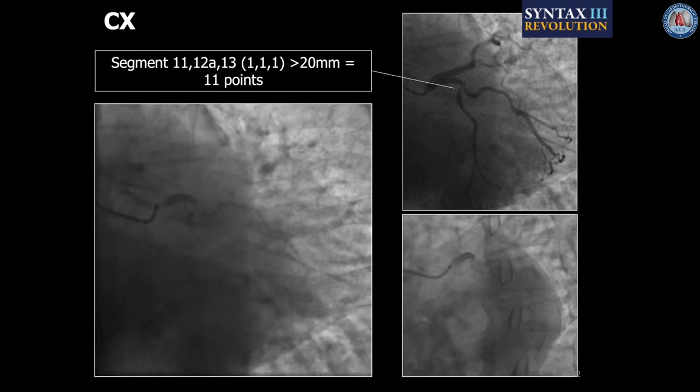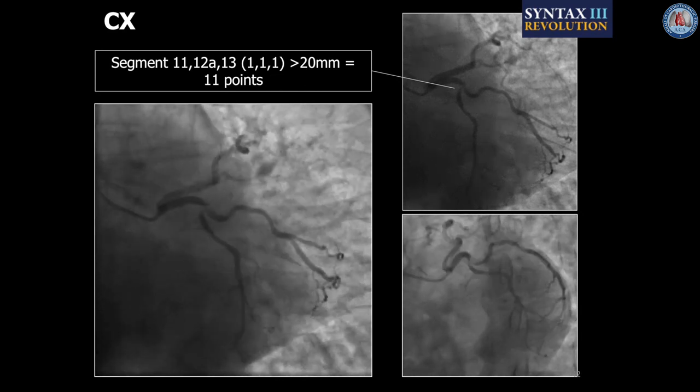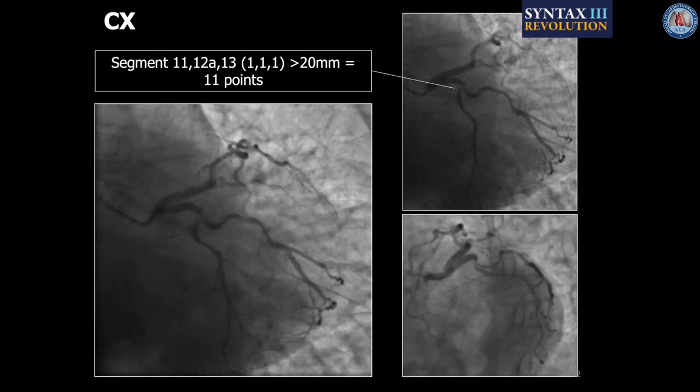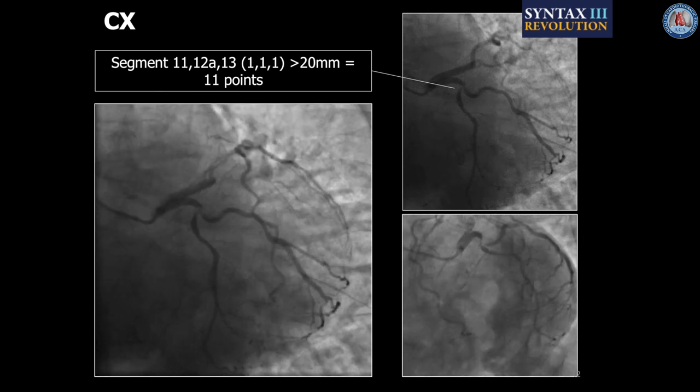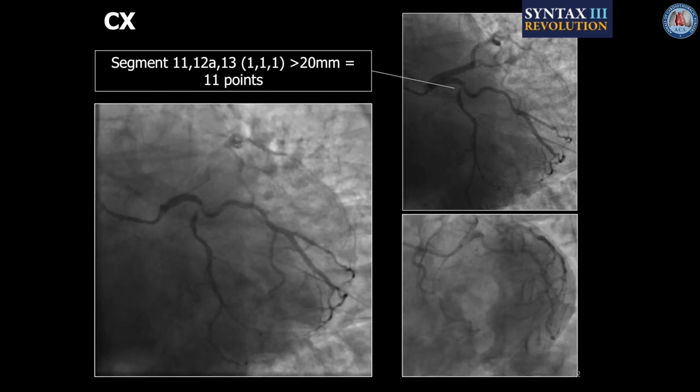And the circumflex confirmed the bifurcation with what we call in our jargon a Medina 111. So it's really a kind of Mercedes type of bifurcation, diseased bifurcation, and you have to give 11 points for this bifurcation with more than 20 millimeters.